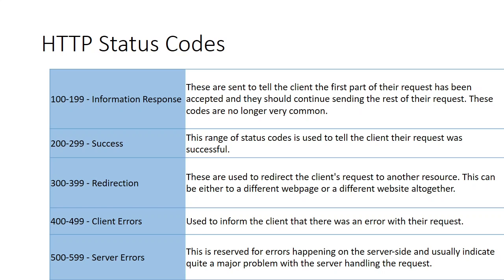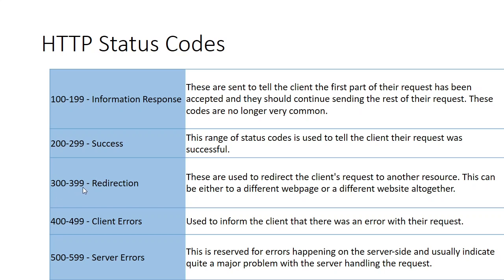This status code can be broken down into 5 different ranges. The 100 to 199, which is informational response, 200 to 299, this range of status codes is used to tell the client that the request is successful.